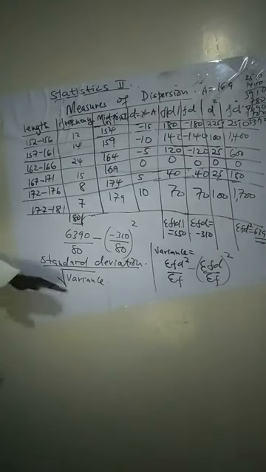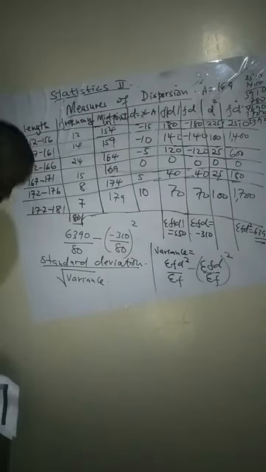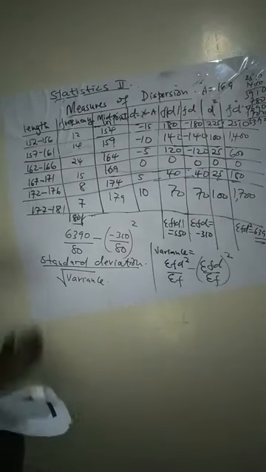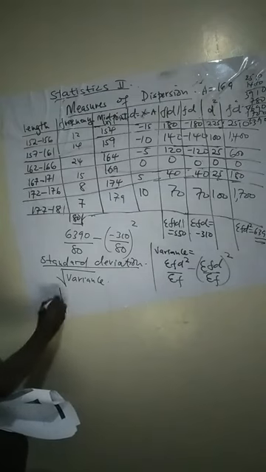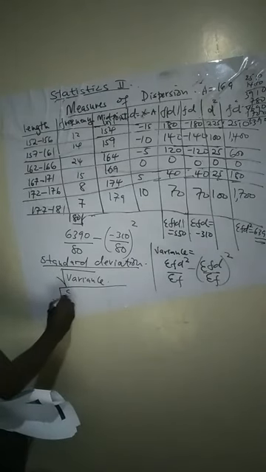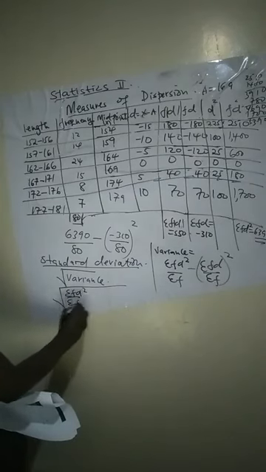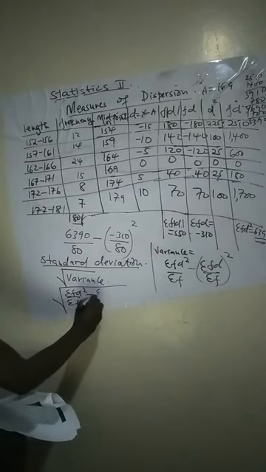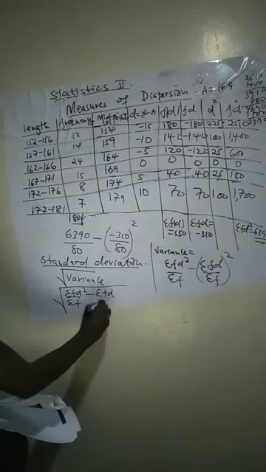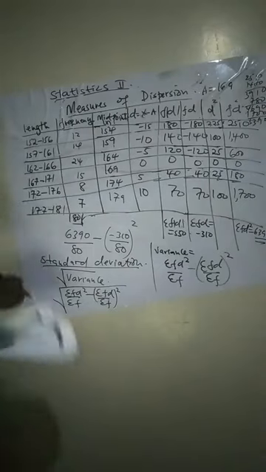If you have variance, then you only get the standard deviation by finding the square root. So if you were to simplify that, you would write that standard deviation is the square root of the summation of FD squared over the summation of F minus the summation of FD over the summation of F, squared.